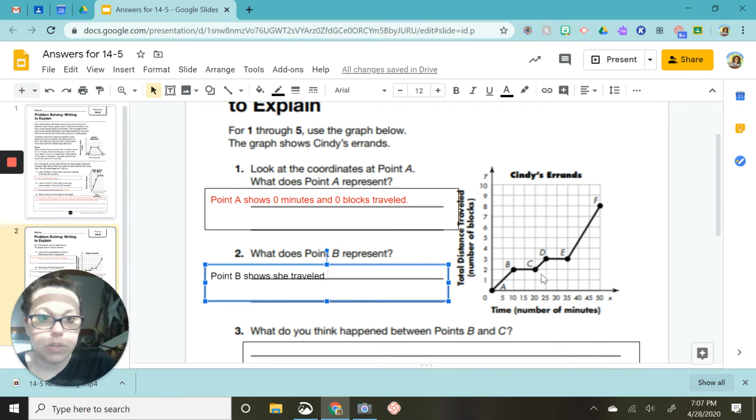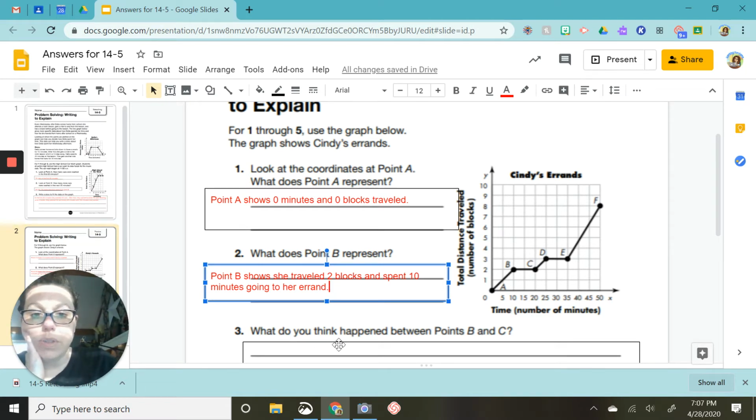She traveled 2 blocks and spent, how much time did she spend? 10 minutes. If you want to get even fancier, you could put what those 10 minutes meant. Going to her errand. So, because we're fancy here in our quarantine.